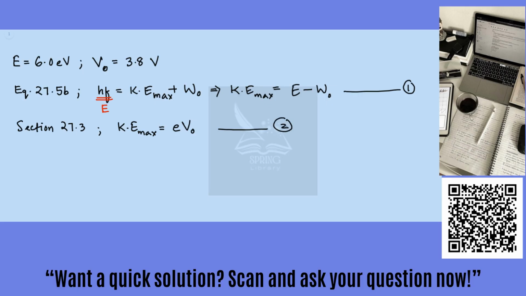So we'll use equation 2 in equation 1 and we get eV naught is equal to E minus the work function W naught.